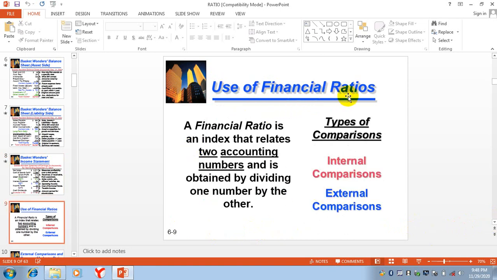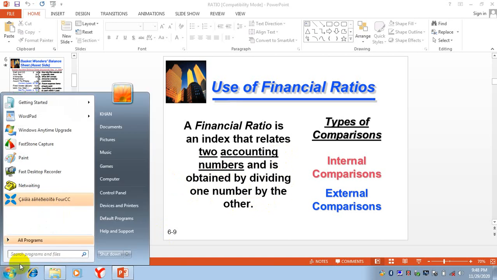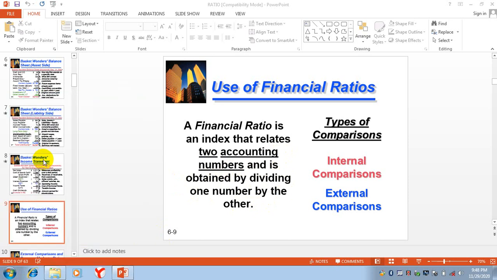Now we use the financial ratios. What is a financial ratio? A financial ratio is an index that relates to accounting numbers and is obtained by dividing one number by the other. Simply, it is an index. It is a standard.